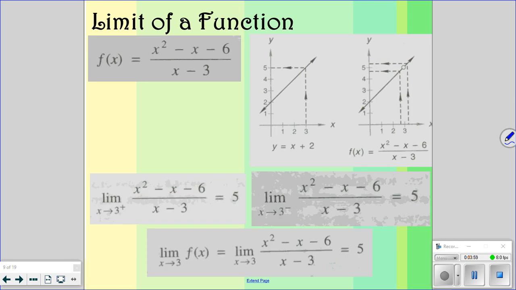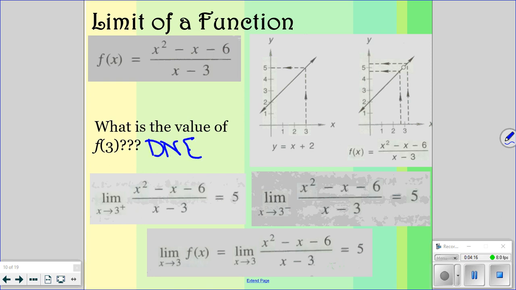Even though when we plug in 3 into the function, it doesn't work, the limit is still 5. So that's how limits work. So what is the value of f(3)? It doesn't exist, but the limit of it is 5. So just because the function doesn't exist at that value doesn't mean that you can't have a limit.